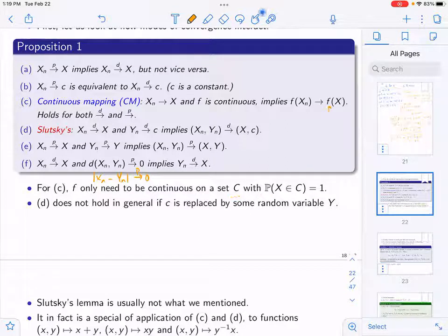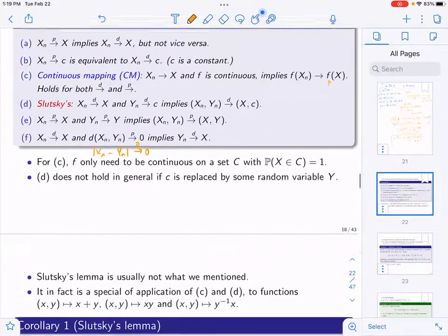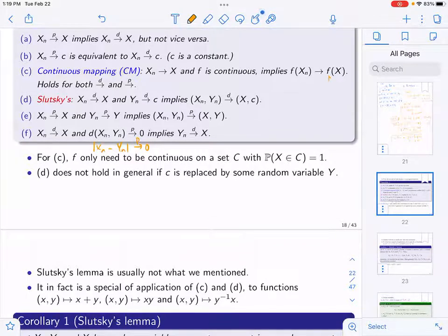And this is indeed the case. And D, as I mentioned, does not hold if C is replaced by some random variable. Questions? I'm going to give an example of the failure of D in that case shortly.